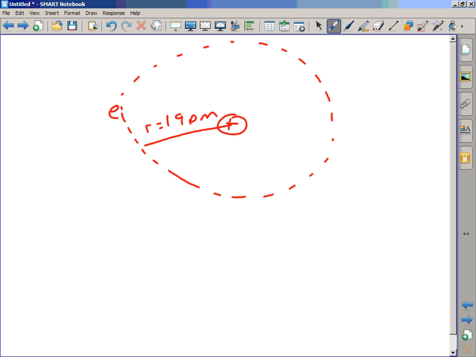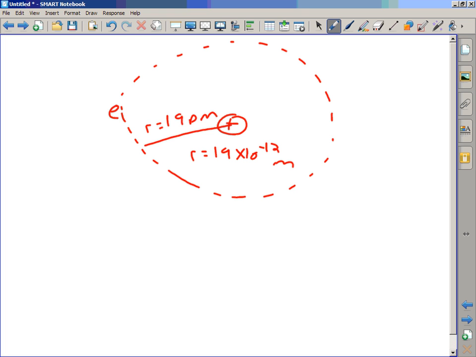I don't know why, pronunciation, the English language, who knows? You don't freak out though. You simply pull out your reference sheet, you find the p, pico. What does pico stand for? 10 to the -12, right? So that means r here is 19 times 10 to the -12 meters. And that's what we're going to want to use.